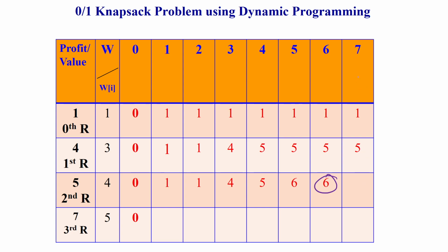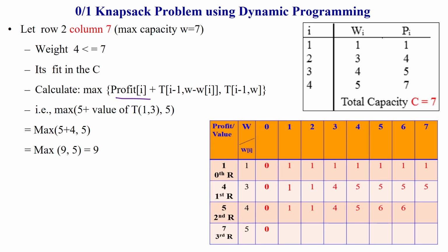Then you check the next column. Here maximum capacity is 7, and the current product's weight is 4. So it is true, and if it is true, we can select the item. If we select the item, you apply the formula. Profit of the ith product is 5, which is written, and t of i minus 1, 2 minus 1, comma maximum capacity 7 minus the ith product's weight 4, 7 minus 4 is 3, so 1 comma 3.